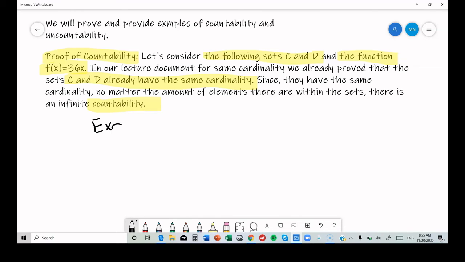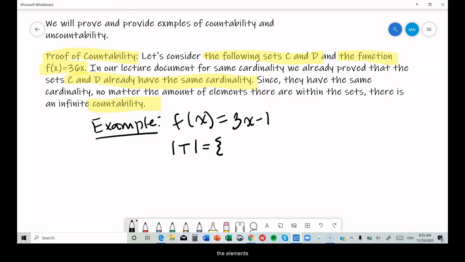So let's assume that we have a function f of x equal 3x minus 1, and that we have a set T equal the elements 2, 5, 8, 11, and so on.